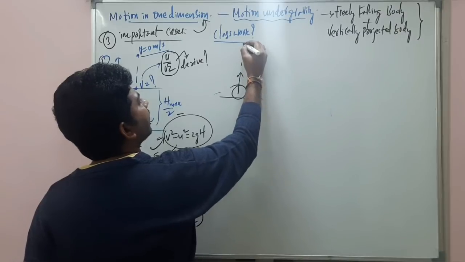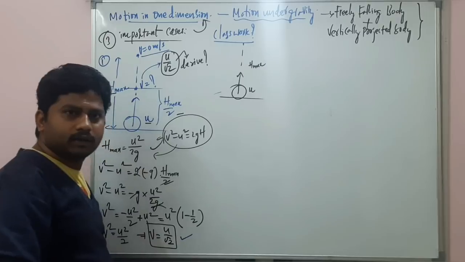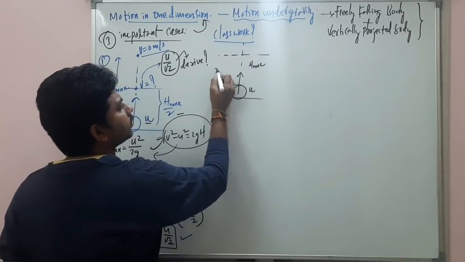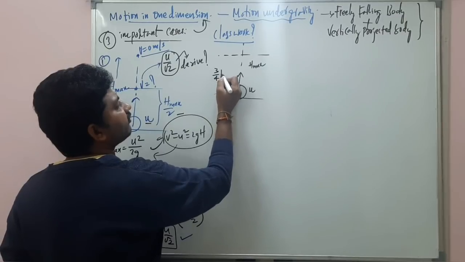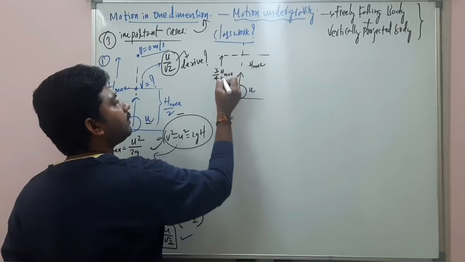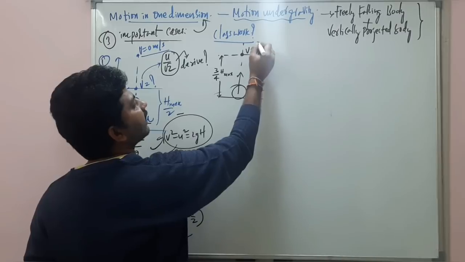It will reach the maximum height after some time, that we know. After traveling 3 by 4 of the maximum height, at this point we need to find the final velocity.